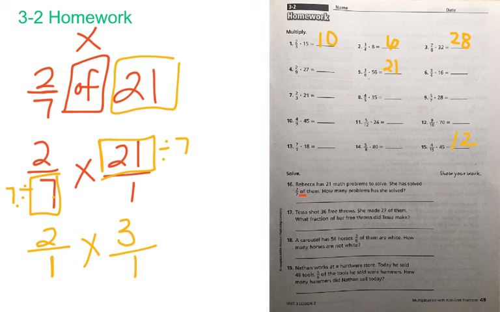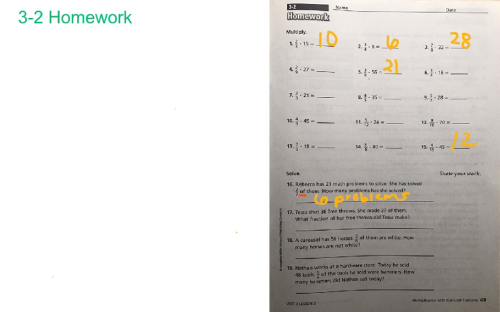And then we can just multiply straight across. 2 times 3 is equal to 6. 1 times 1 is equal to 1. So our answer here is going to be 6 problems. Please remember to include your labels. They're very important. All right, we'll look at one more together.